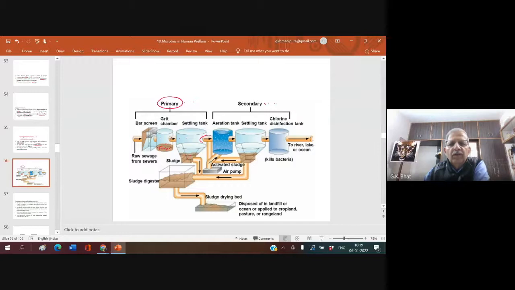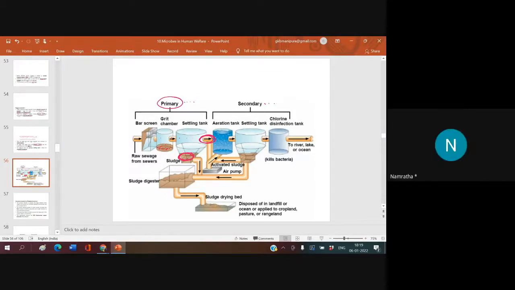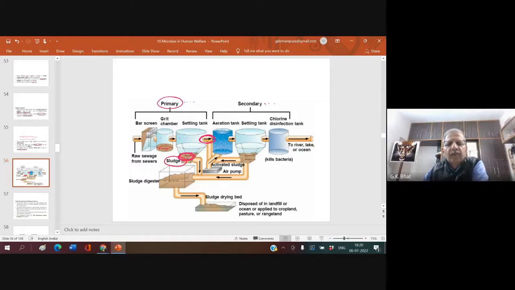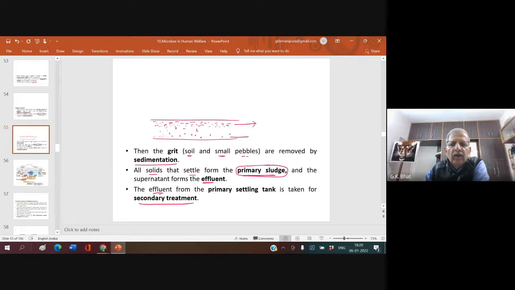And what do you call this? This is effluent. And this is primary sludge. Now this effluent is made to go to secondary treatment. The effluent from the primary settling tank is taken for secondary treatment.